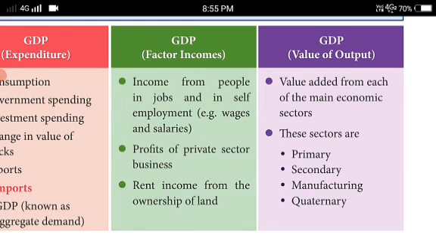Value added from each of the main economic sectors: primary sector, secondary sector, manufacturing sector and quaternary sector. From these sectors, the value of output comes to GDP. Let us see the first method, the product method. We will discuss the product method in the coming video.